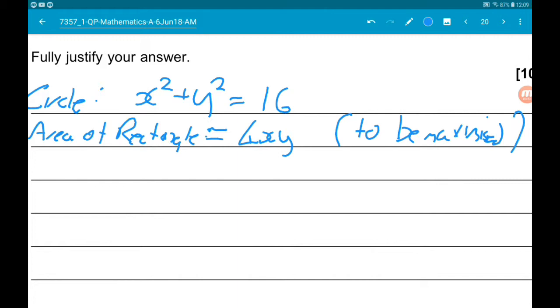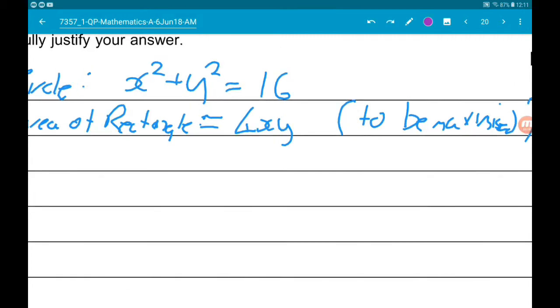The problem is, we're also going to need to find the second derivative, so we don't really want to be doing that using implicit differentiation, because really, when do we ever want to be using implicit? So, what we can do then is use the equation of the circle to get an expression for one of the letters in terms of the other, and then we can substitute that into the area, which will then give us an expression for the area in terms of one variable.